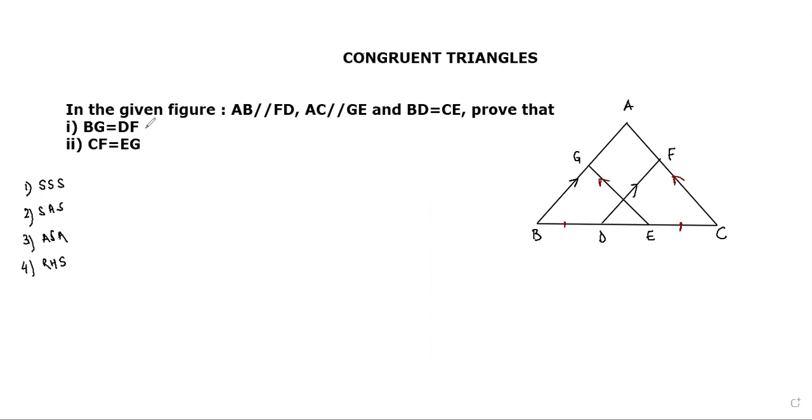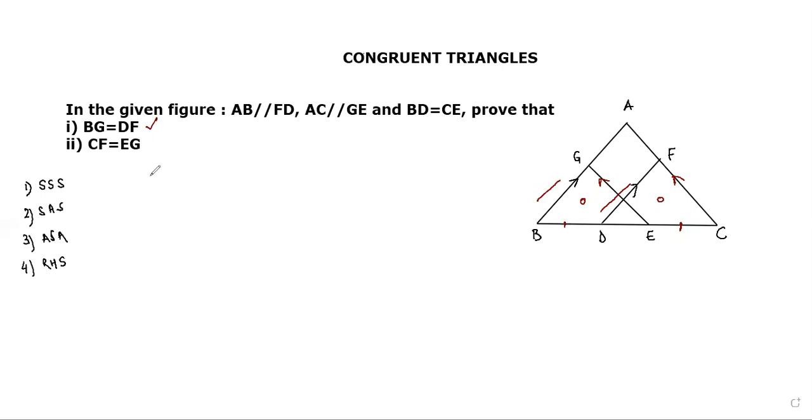We have to prove number one, BG is equal to DF. Where is BG? This line BG and this line DF. These two lines are equal. So now let's first find out which are the two triangles that we are going to prove congruent. Since we are talking about the two sides BG and DF, we will be proving that these two triangles, where the sides are part of it, are congruent.